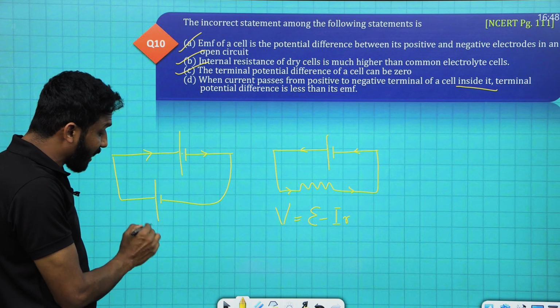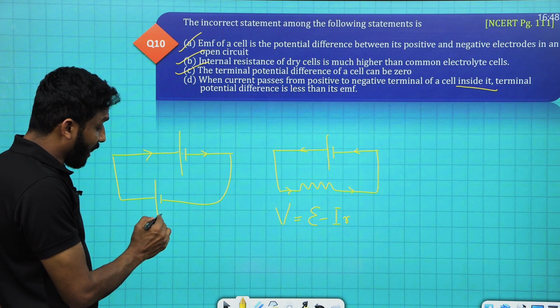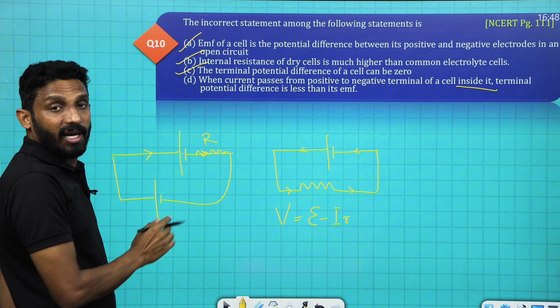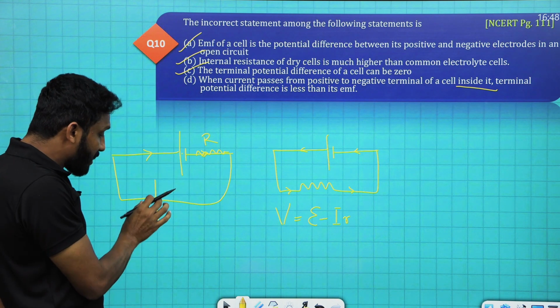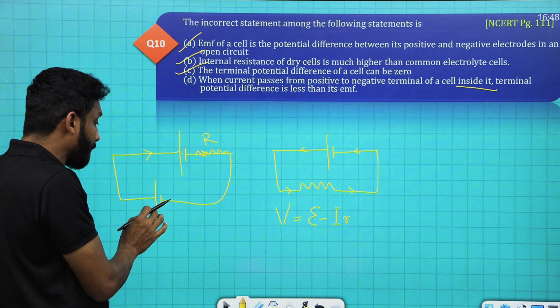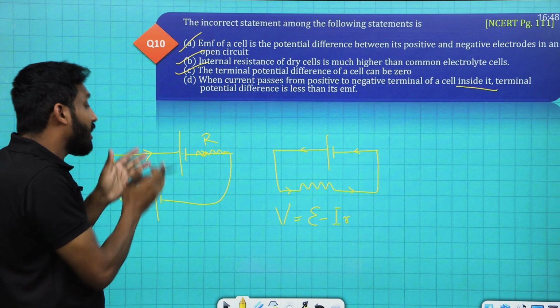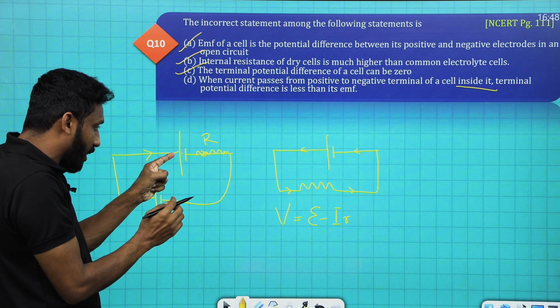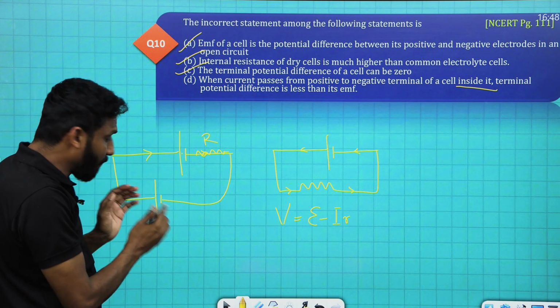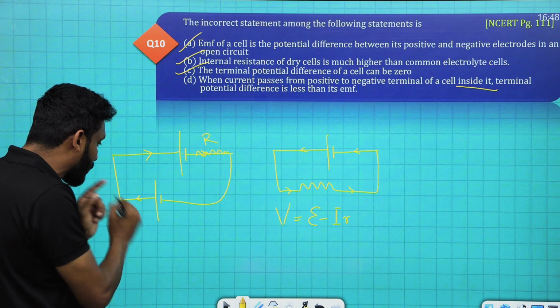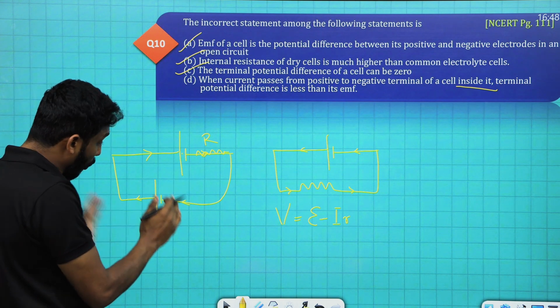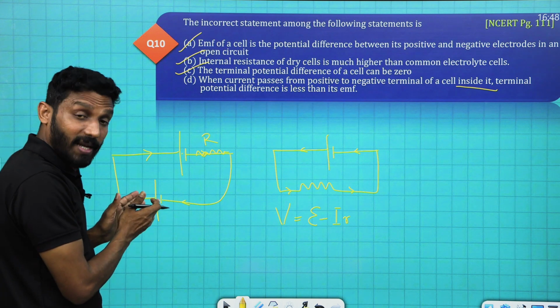This cell has greater EMF, so this one is being discharged and the other is being charged. That's why it sends current from positive to negative. This cell sends current because it has greater EMF.